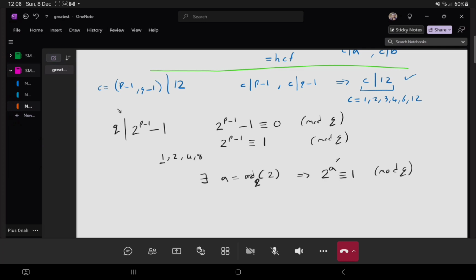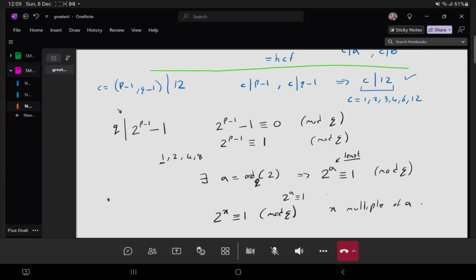So this will be the first time, so this has to be the least. After every a value, 2 raised to the power a becomes 1. If you multiply by another 2 raised to the power a, it just becomes 1 again. One can actually show that if 2 raised to the power x is congruent to 1 mod Q, then x will have to be a multiple of a.